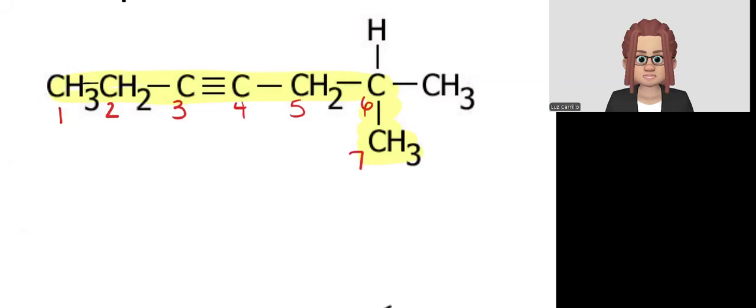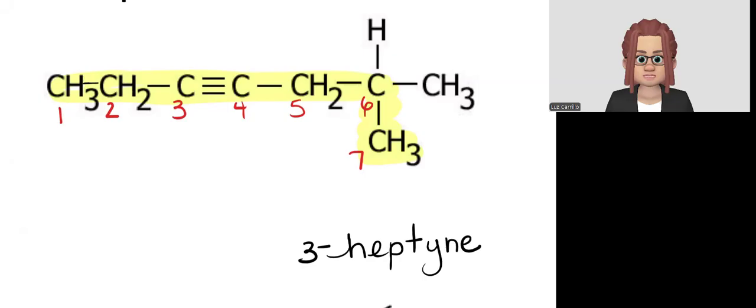So since this is an alkyne, if I have 7 carbons, that is called heptane in an alkane name. But because this is an alkyne, that's heptyne. I have to give the location of the first carbon in the triple bond, which is going to be carbon number 3. Next, I'm going to write the substituents.